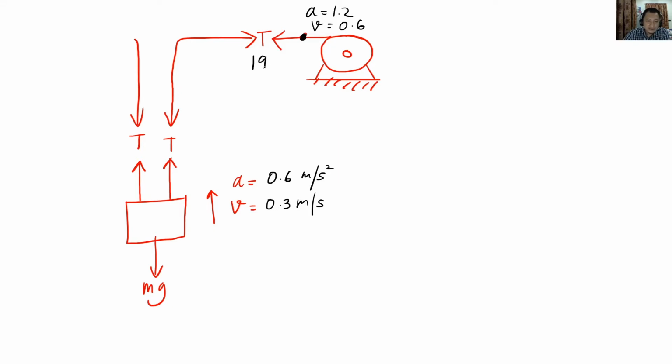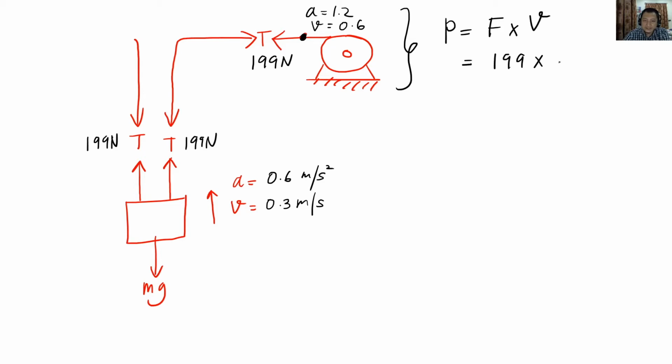Tension is 199 Newton. So power equals force times velocity. Force is 199, velocity is how much? 0.6. What is that? 199 times 0.6.